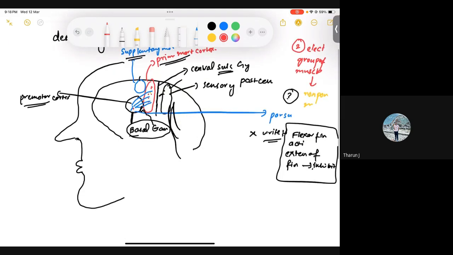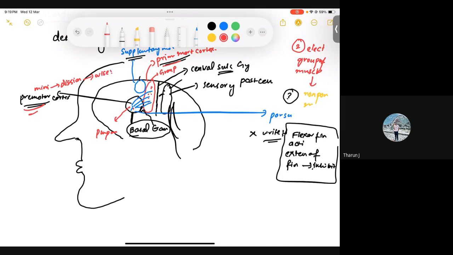Okay, that's a good question. As I already told you, the premotor cortex is responsible for purposeful movement, right? And the primary motor cortex is responsible for the movement of a group of muscles. For purposeful movement, you can simply think of the premotor cortex as a mini brain, right? It takes decisions on its own, wise and purposeful decisions.